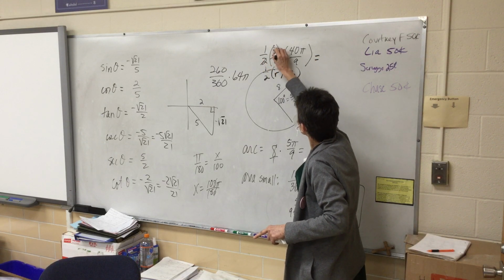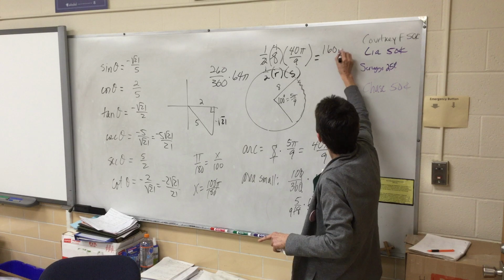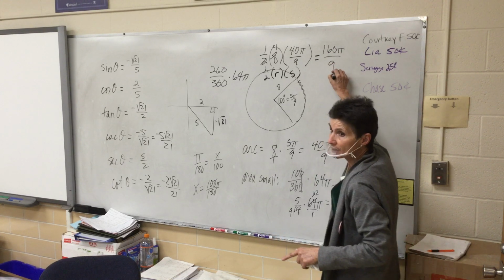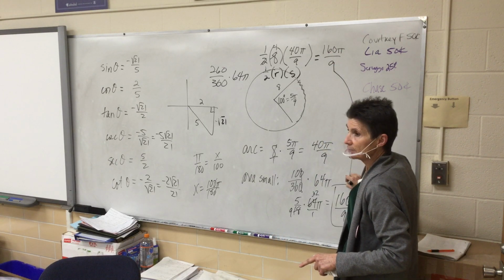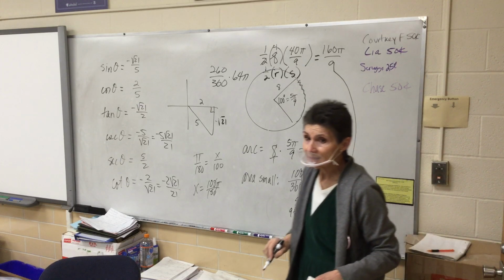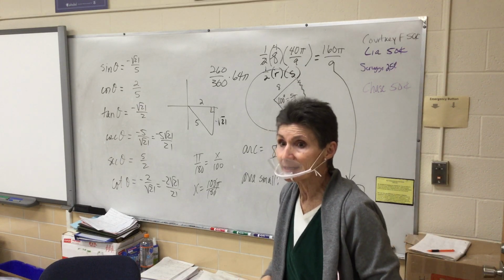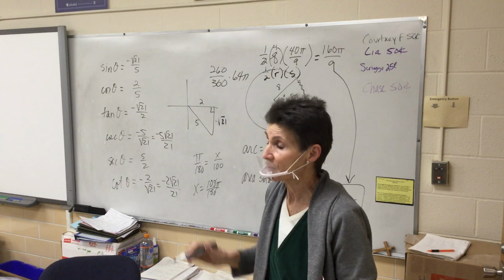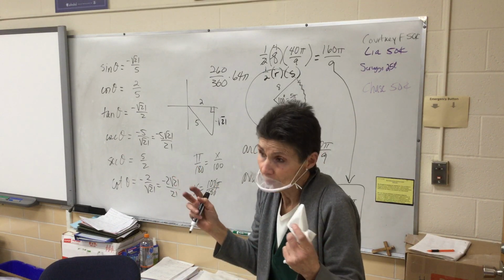That makes 4, that makes 160 pi over 9. So there is another way of finding the area of the sector if you want to use this little formula.